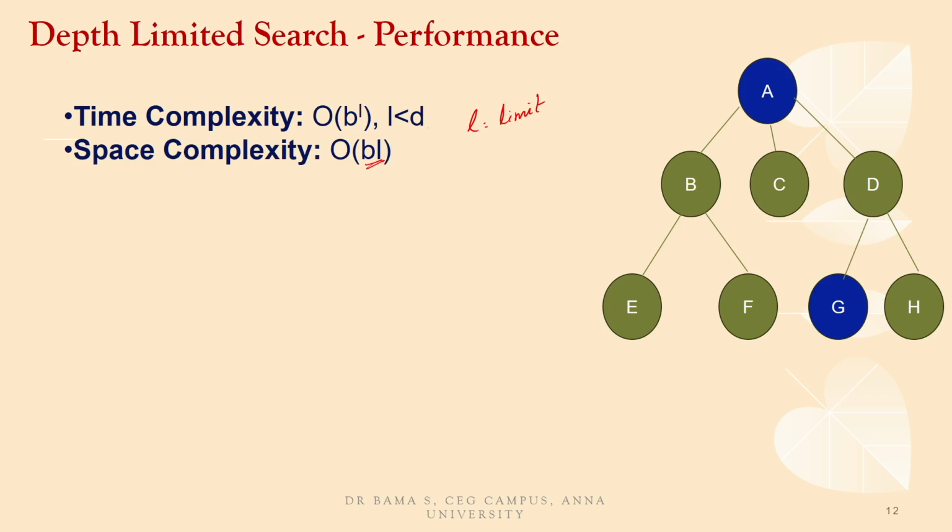Because we have to store only that particular path, suppose the goal is right here, A, D and G, we have to store that information of nodes in memory. So, it is B multiplied by L.